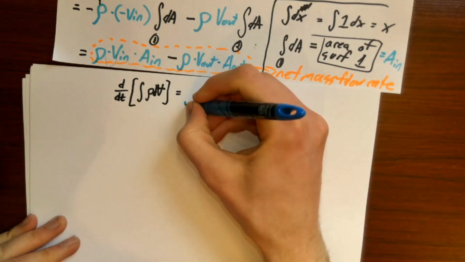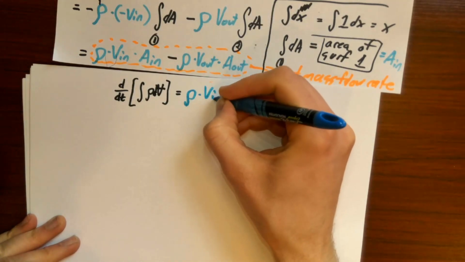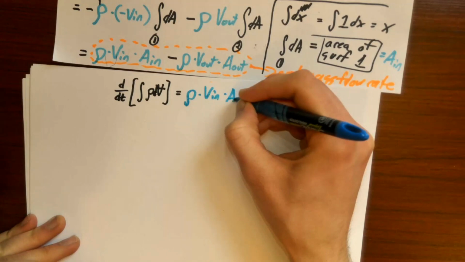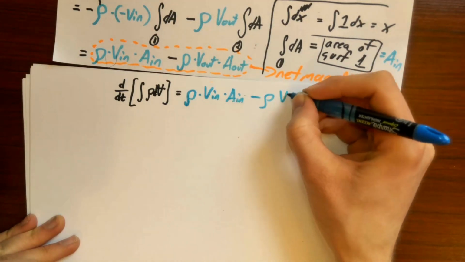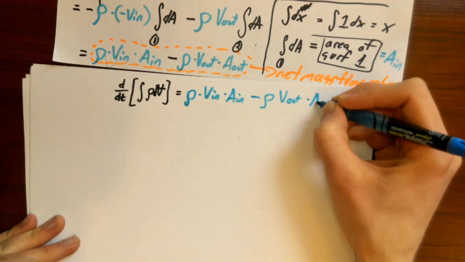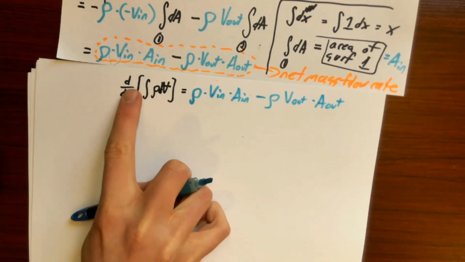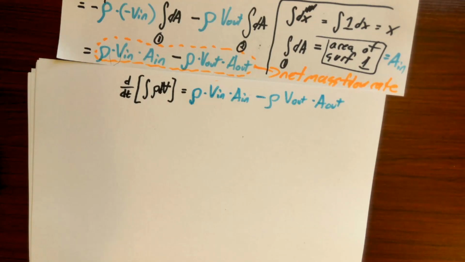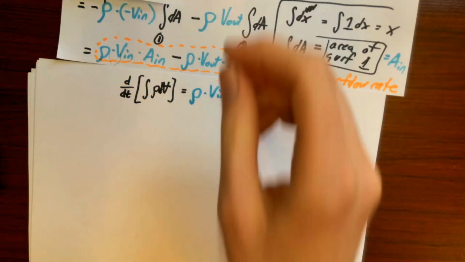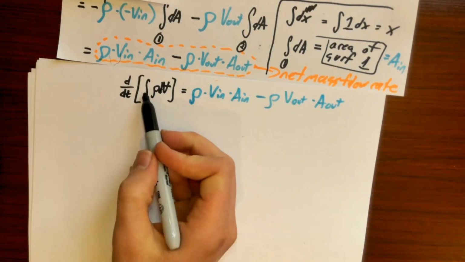So we have rho times v in times A in minus rho v out times the area of our outlet. If we can work out this left-hand side, then we can start working out more about this problem.